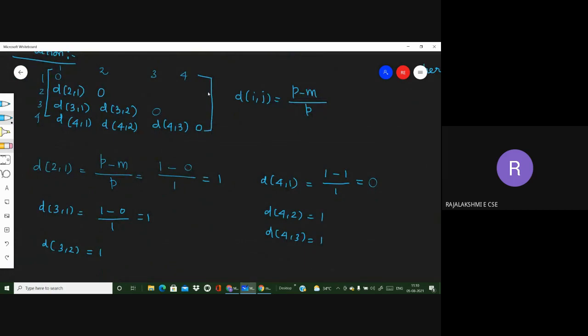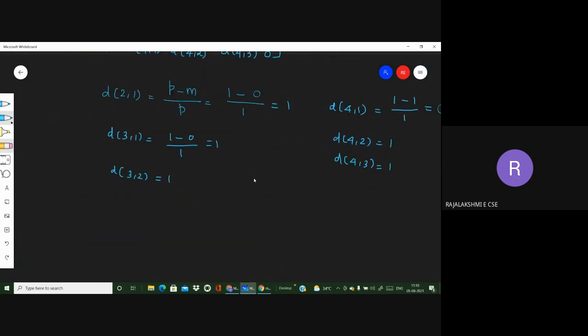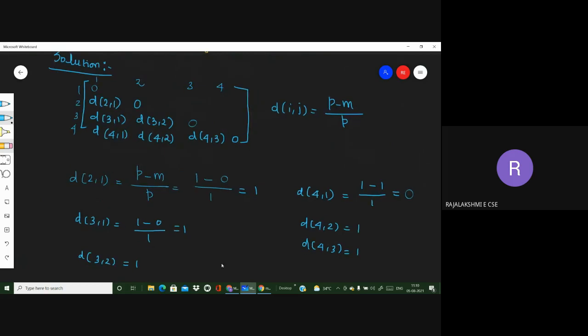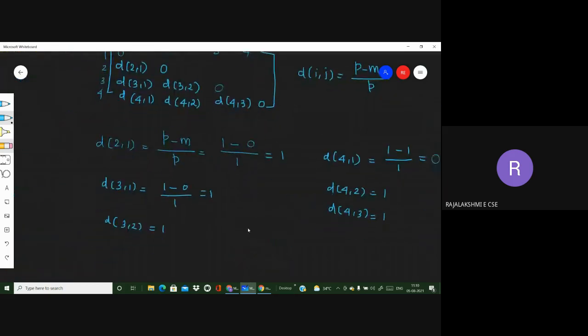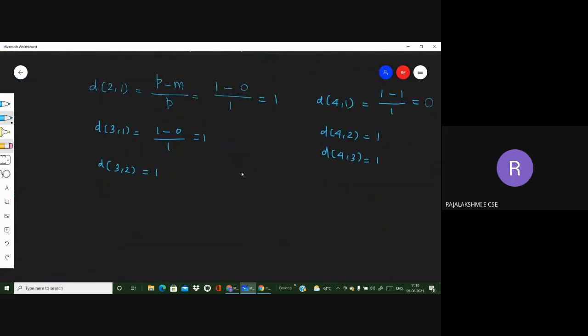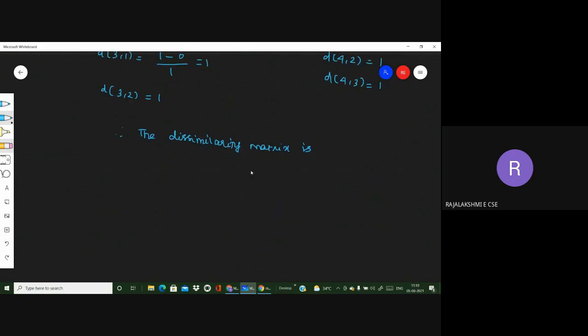So when I substitute all these values in the given matrix, this matrix can be given here as the dissimilarity matrix. So how I can give?